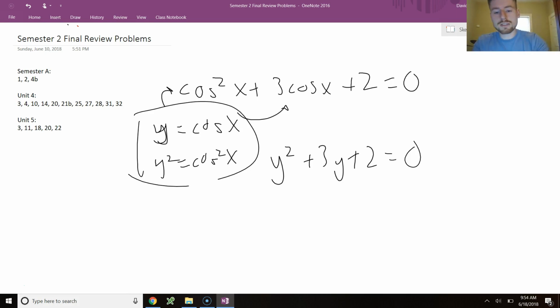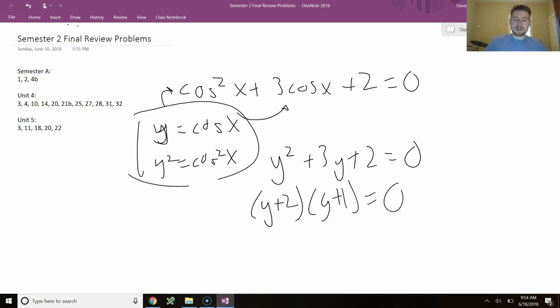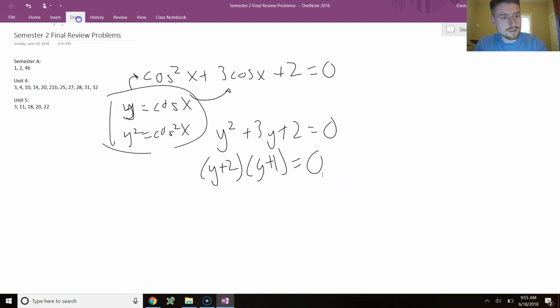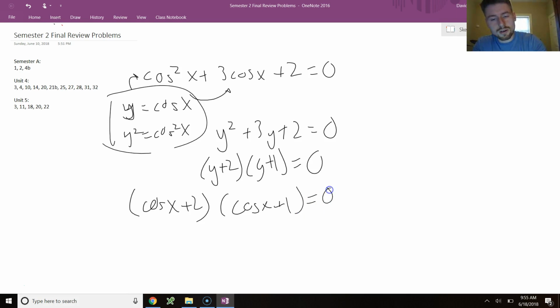This one factors nicely as y plus 2 and y plus 1 equals 0. And then at this stage, we can make our substitution of cosine back in. So we do that substitution, and that gets us cosine x plus 2 and cosine x plus 1 equals 0.